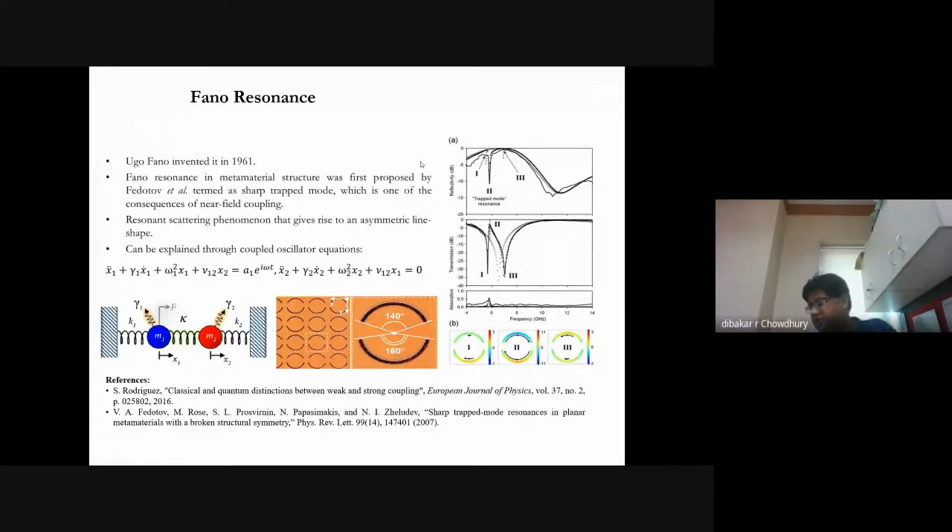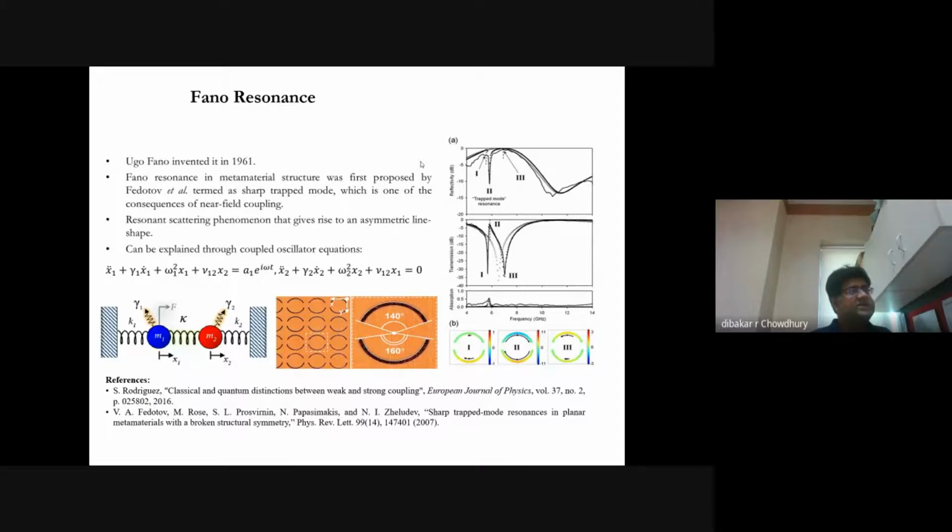Now with that, I will move forward with another problem that we have worked on recently, that is on Fano resonance. Fano resonance is a very interesting physical concept which was first proposed by Ugo Fano in 1961.